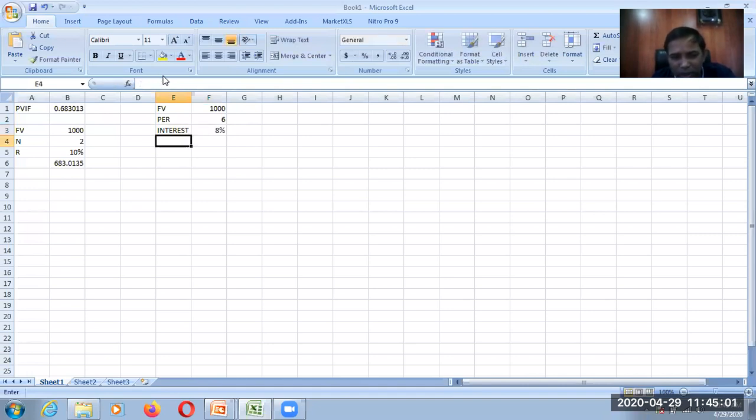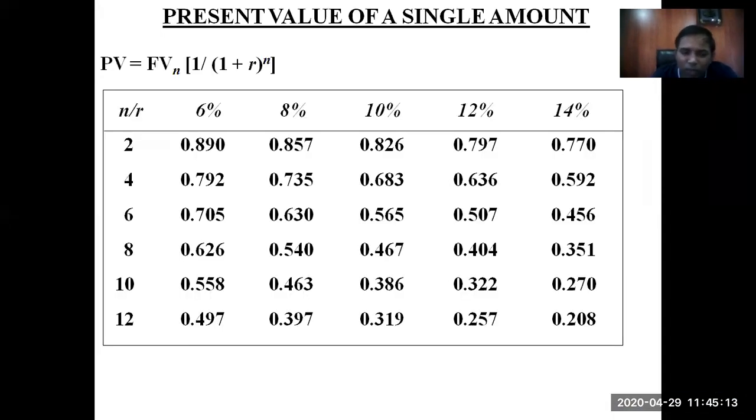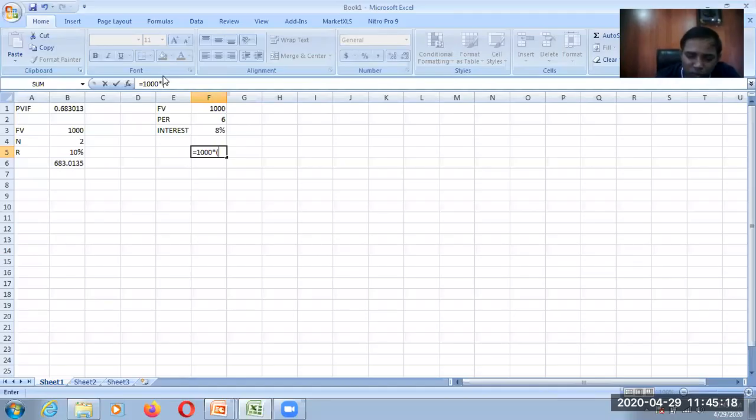The formula is future value multiplied by 1 divided by (1 plus r) raised to n. So 1 divided by (1 plus 8 percent) raised to the number of years. Let us close this bracket and press enter.